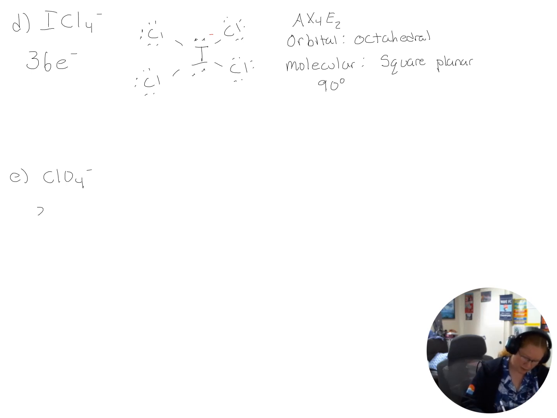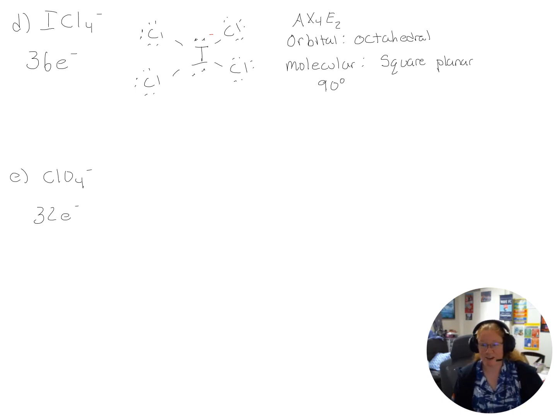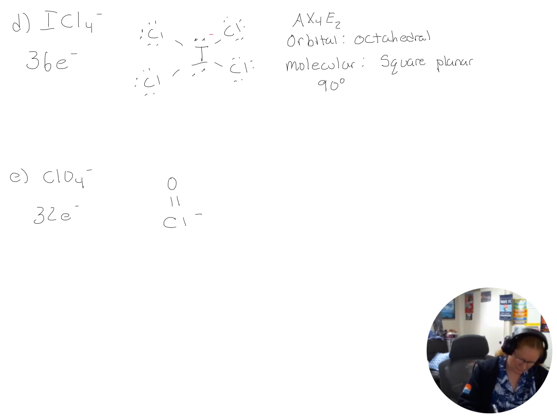Okay, and there's 32 electrons to track here. All right, so I'm going to draw the structure that has the least formal charges. That's the better structure. Yes, you can draw this with all single bonds to the oxygens. You can get a valid structure off of that.